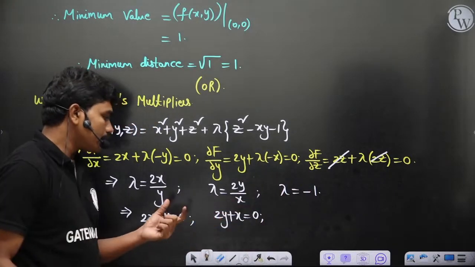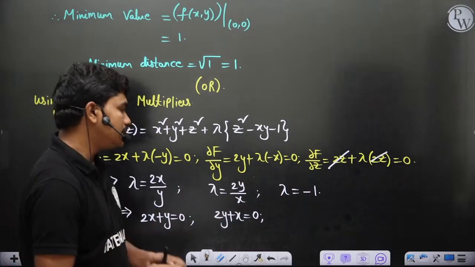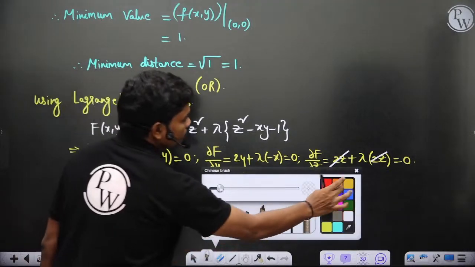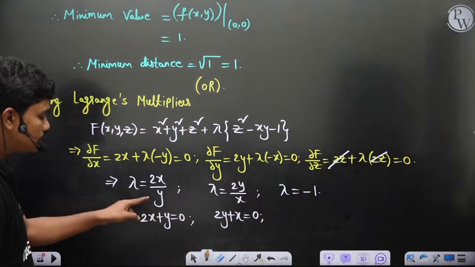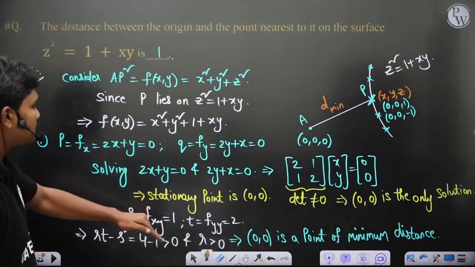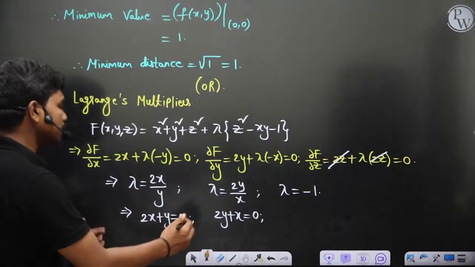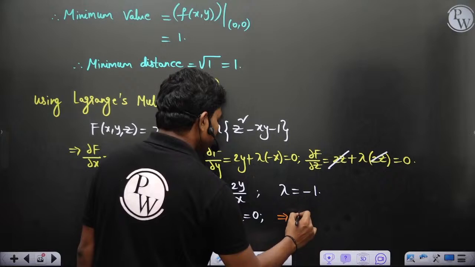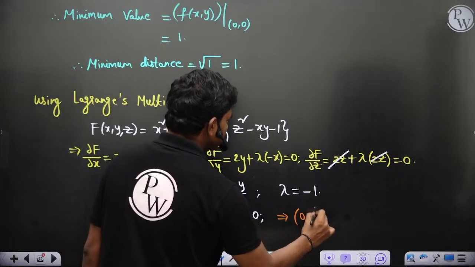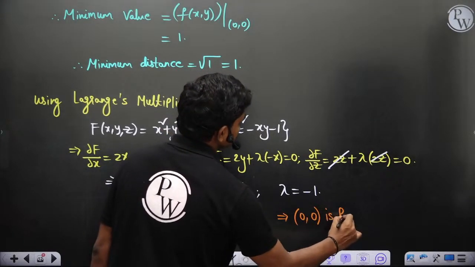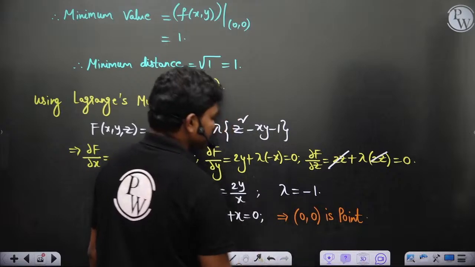So basically the connection between x, y and z is given by these variables, and clearly whatever you got here, 2y plus x equal to 0 and 2x plus y equal to 0, are the same values which are here. So that's how both are connected. If you solve this again from here, the solution is obvious: 0 comma 0 is the point, or values of x comma y.